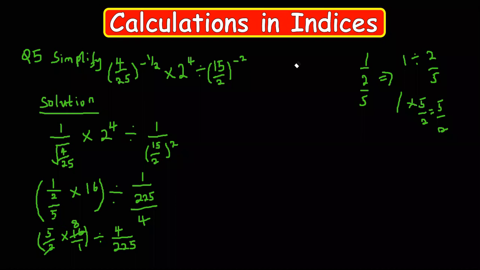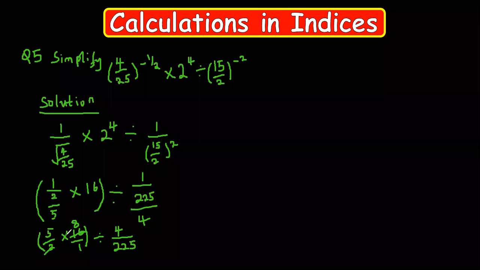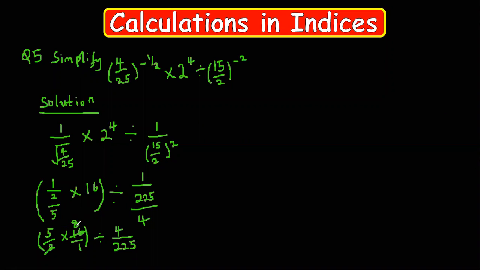So we have 40 divided by 4 over 225. Let's make this over 1. Same thing again.